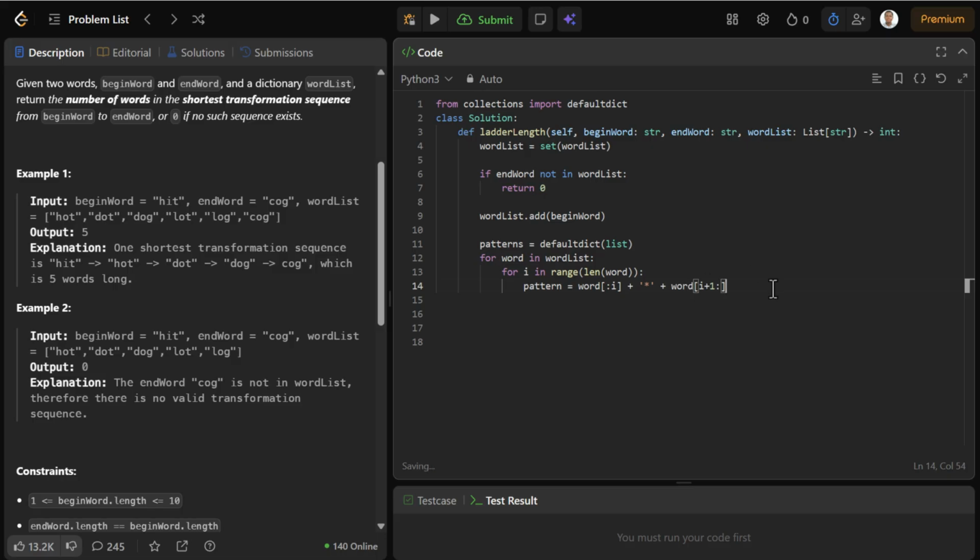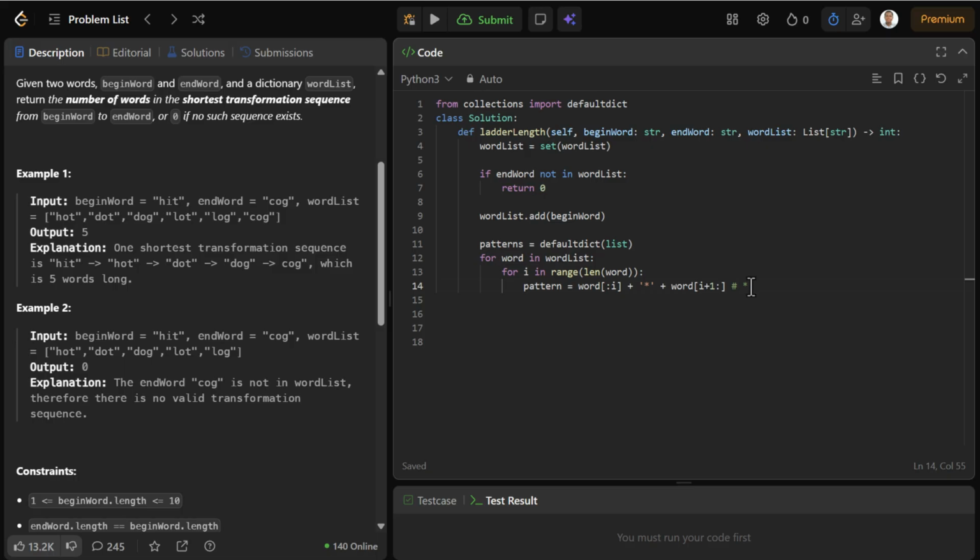So let's understand what is going on here. Let's say we have the word HIT. This slices it from the beginning, so this is going to be nothing, and then we append nothing to the star. Then, starting with the star, it slices from 1 to the end.